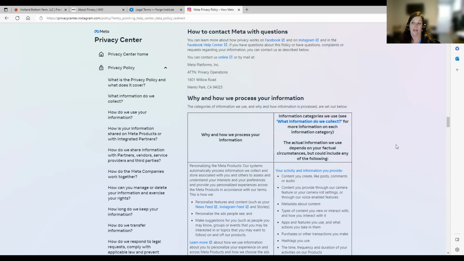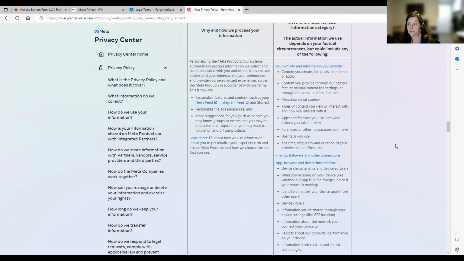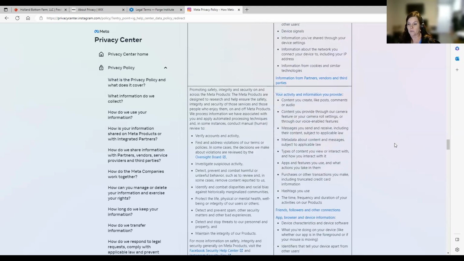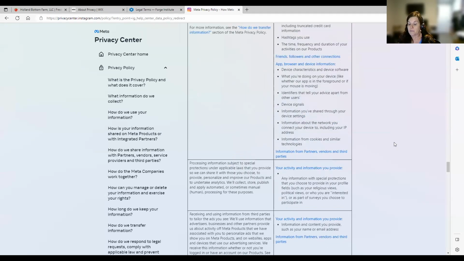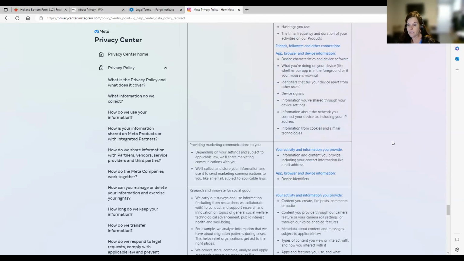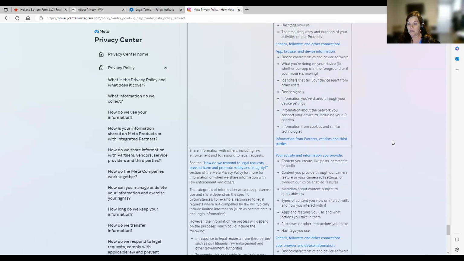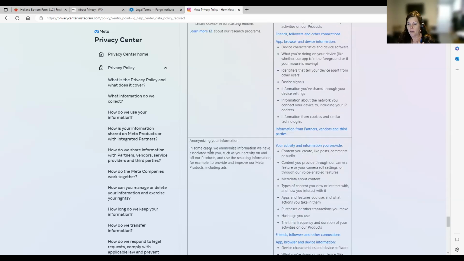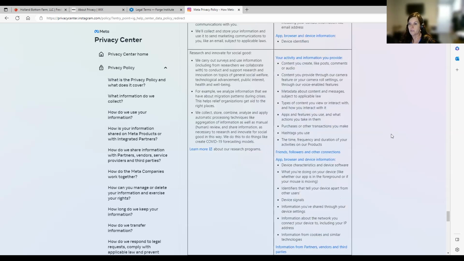Why and how we process the information is listed here. And as you can see, it's extremely detailed, obviously because they collect quite a bit of information. And then they also mention here in the middle, they do have some anonymizing of the information in some cases where they do anonymize that information.